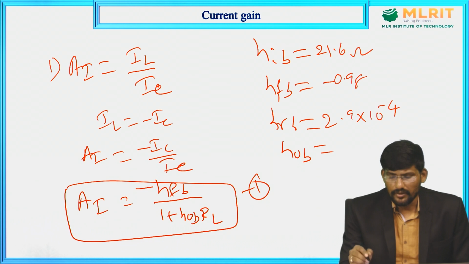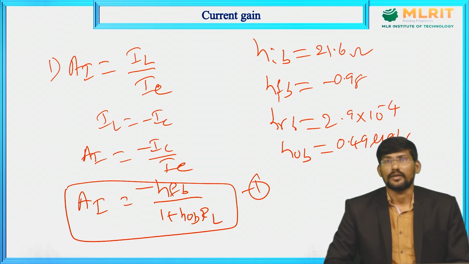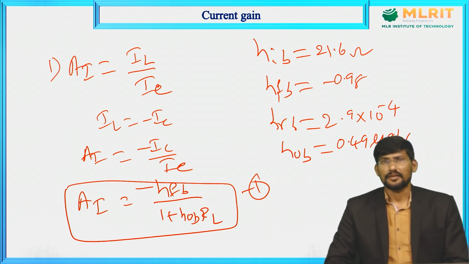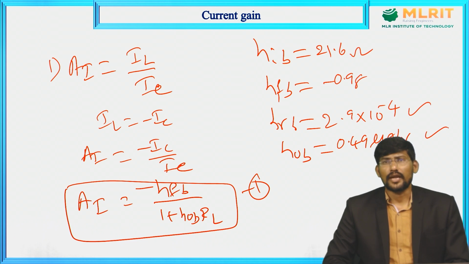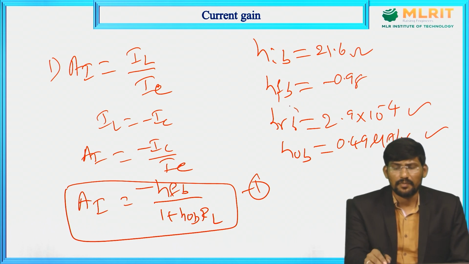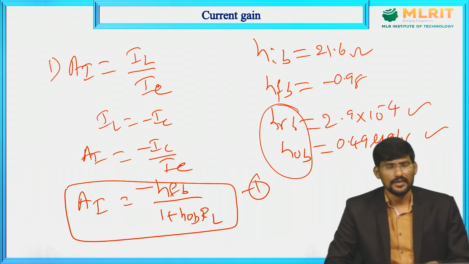And H0B is the output admittance, which is 0.49 microampere per volt. The parameters HRB and H0B, these two can be neglected in simplified hybrid model to reduce the complexity, because they are very small.